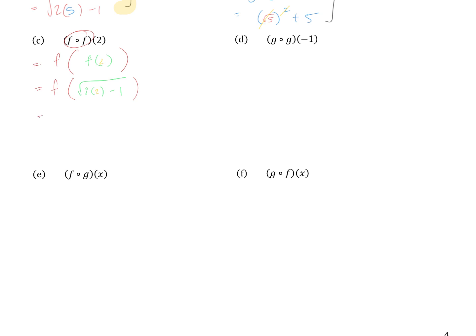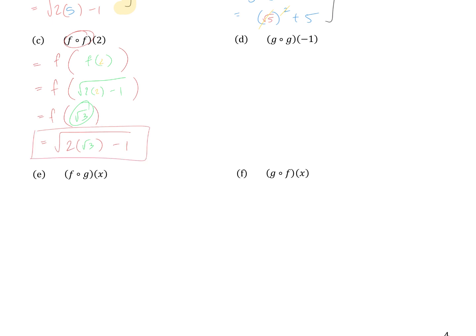So that's going to equal f of the square root of 3. And then inputting that one more time into the square root of 2 times something minus 1, my new input, again, was the square root of 3. However, I can't really simplify that, so I'm just going to leave it as it is.